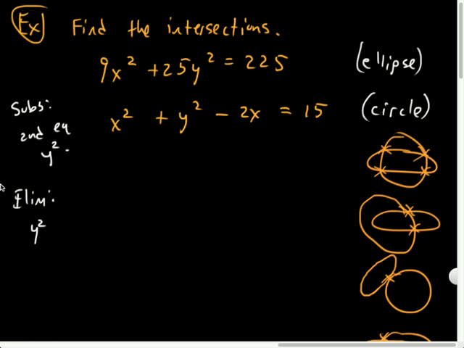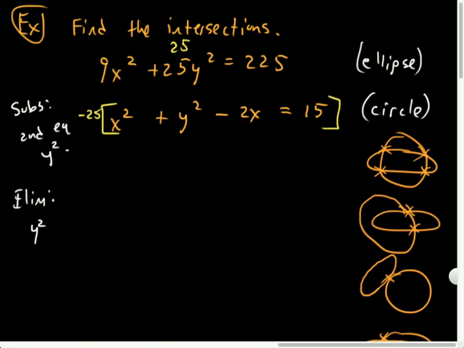Because we just did the last problem using substitution, I'm not going to do that. I'm going to do elimination just to show us. So to get opposite coefficients for the y's, what would those opposite coefficients have to be? Yeah, between 25 and 1, I'd have to have 25. So I'm going to multiply this bottom equation by negative 25.